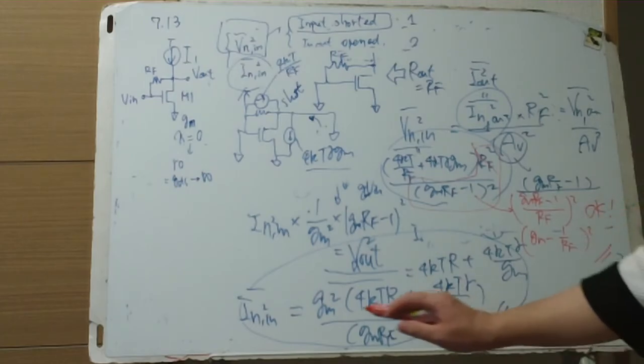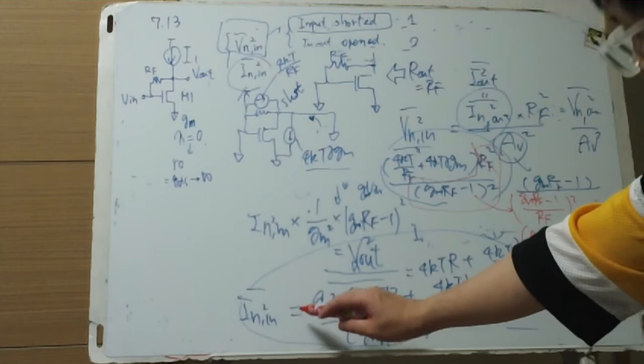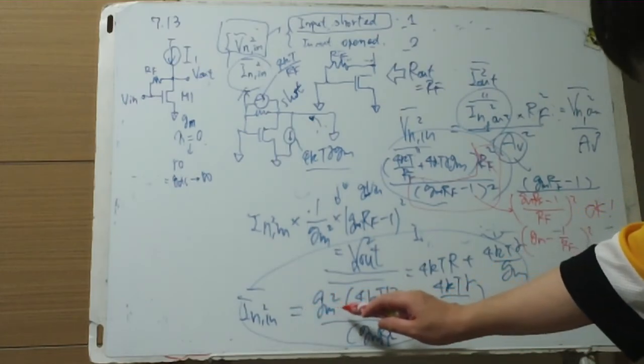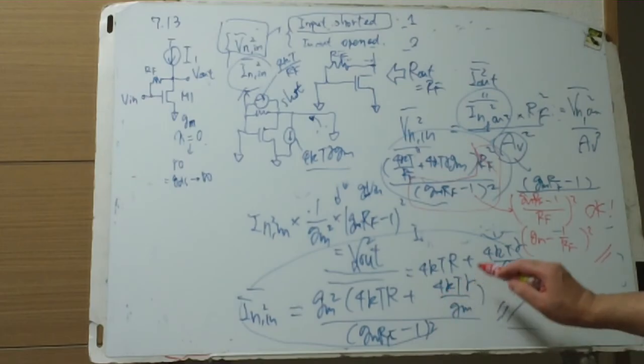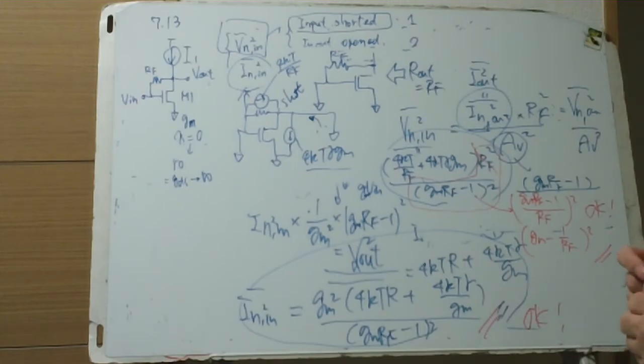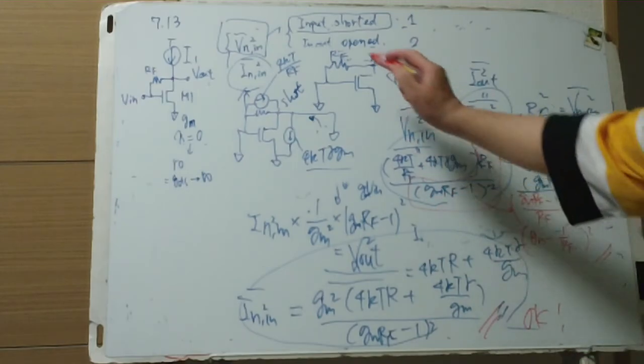And for I n in squared bar, it is (4kT R GM squared plus 4kT gamma GM) divided by this. This is also the same. So we have now finished.